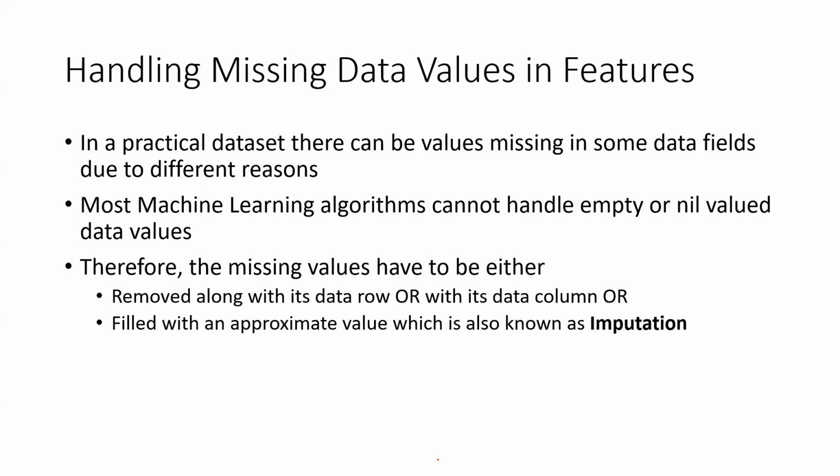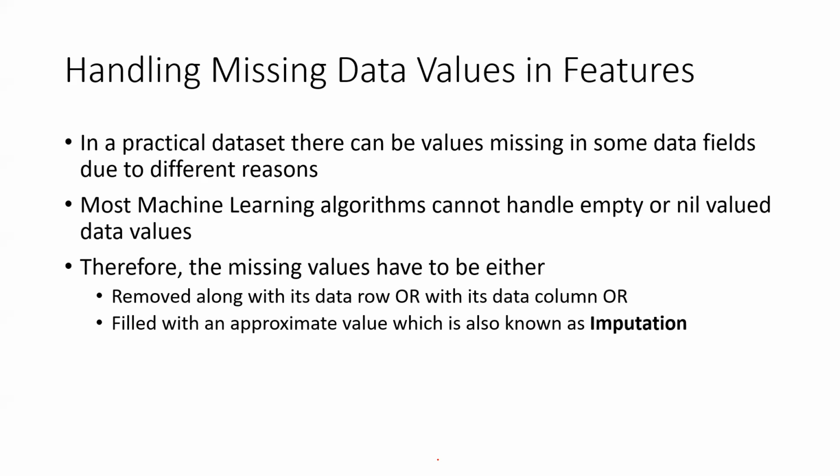So the other way, instead of removing it, you fill that empty value with some new value, right? Some synthesized number. So what you do is you have to approximately guess the value that should have been there and add the value for that particular data field, right?